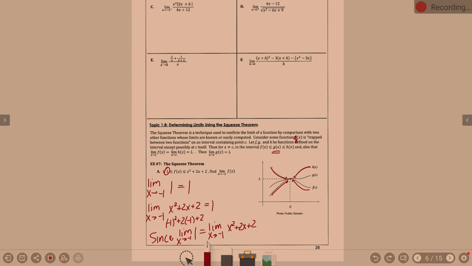And we could even say they equal 1, then by the squeeze theorem, so we need to name our theorem here, by the squeeze theorem, we can now say the limit as x approaches negative 1 of f of x is also 1. Again, that's going back to the AP notation, being able to put it into the appropriate jargon, so to speak.